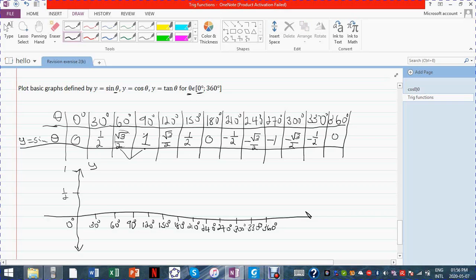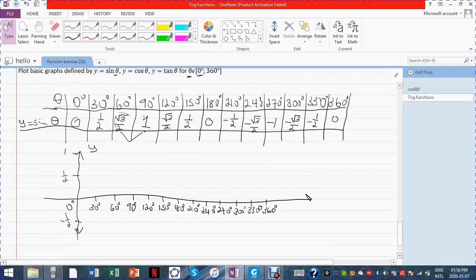So here 2 lines is a half, negative a half below, and then continuing, let's just increase a little bit, and now going down we'll have -1. So the square root of 3/2 is somewhere close to 1, so it's going to be -√3/2. Similarly here, close to 1, we have √3/2. So let's start to plot now.